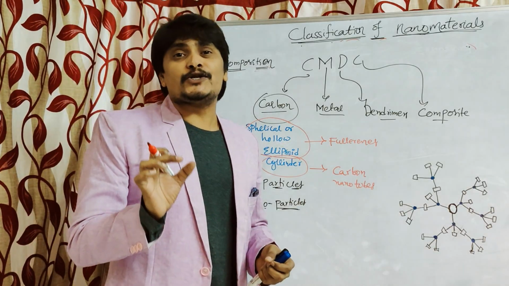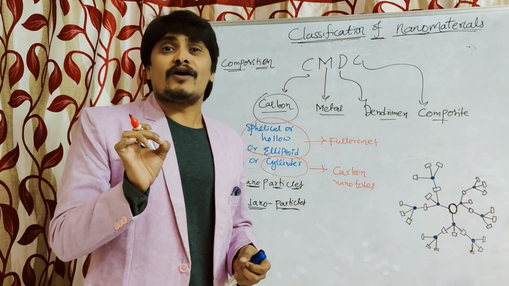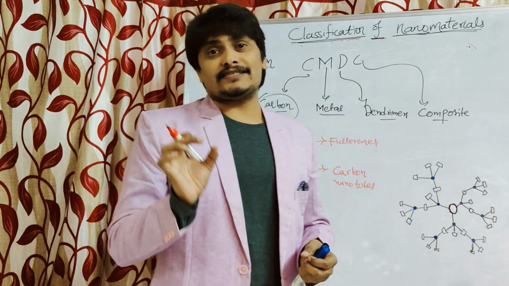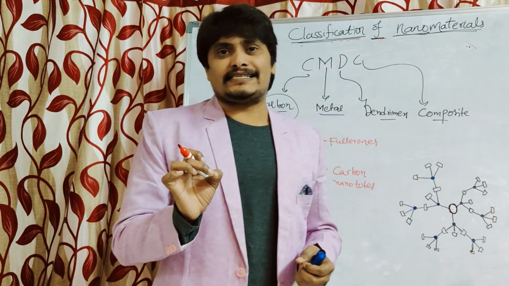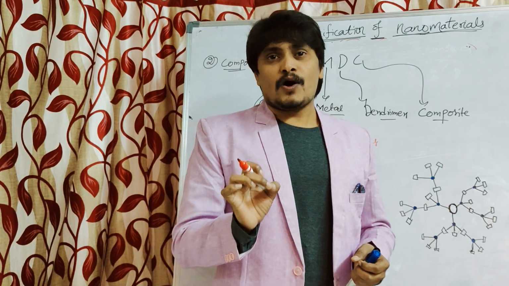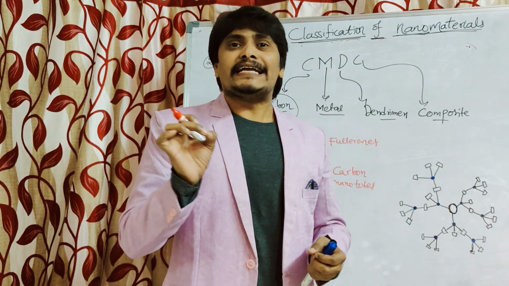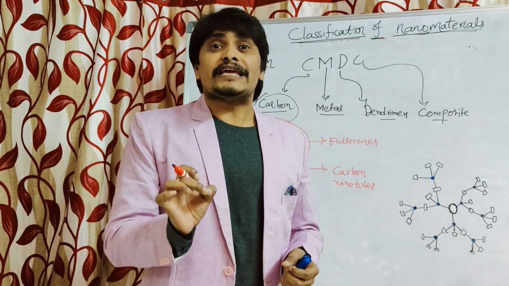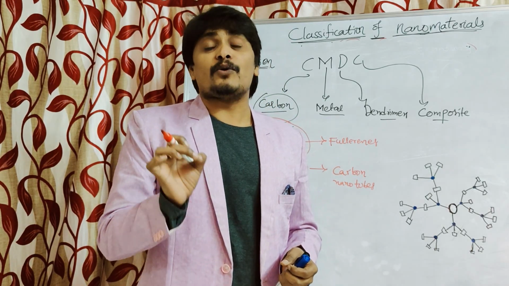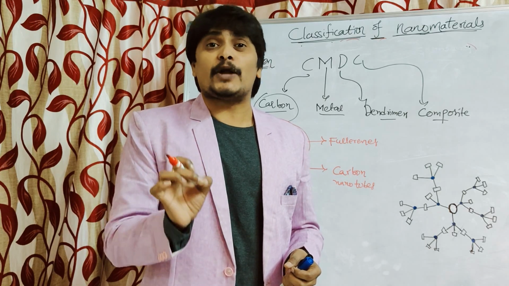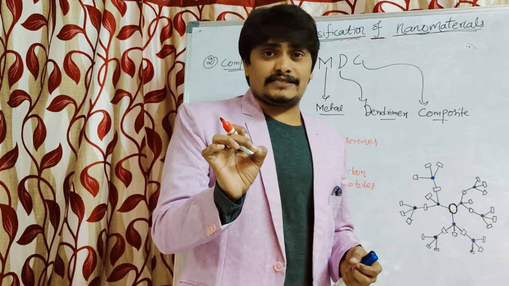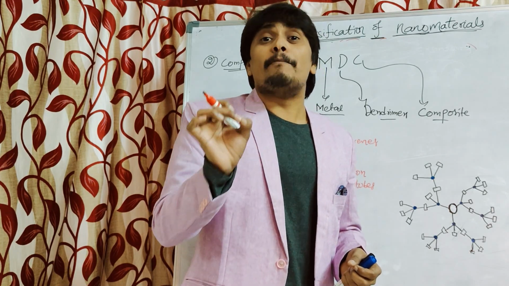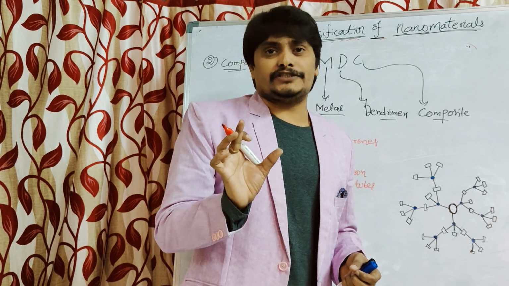These carbon nanotubes are 4 times stronger than steel. The importance of fullerenes and carbon nanotubes I am going to discuss in the upcoming videos on nanomaterials. So I am just giving the classification of the nanomaterials based upon the composition.